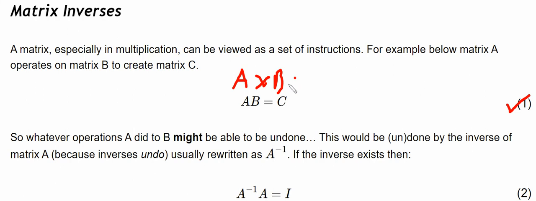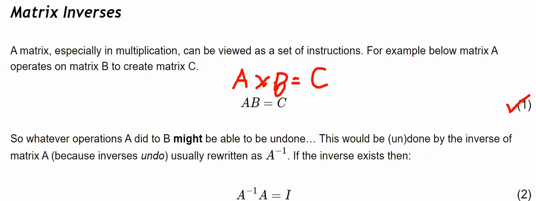Let's just say C for this case, but it could be anything different from A and B, of course. So it gives you different matrices. I hope the first rule is clear. It's very easy and understandable.